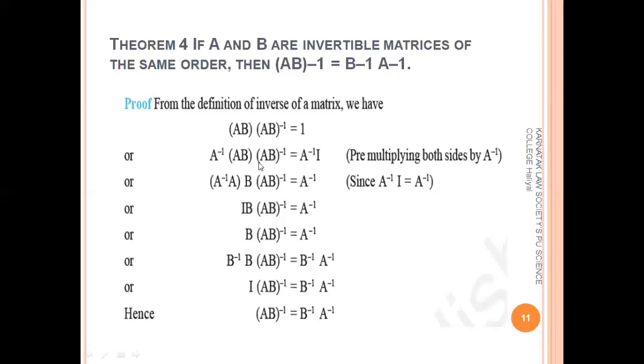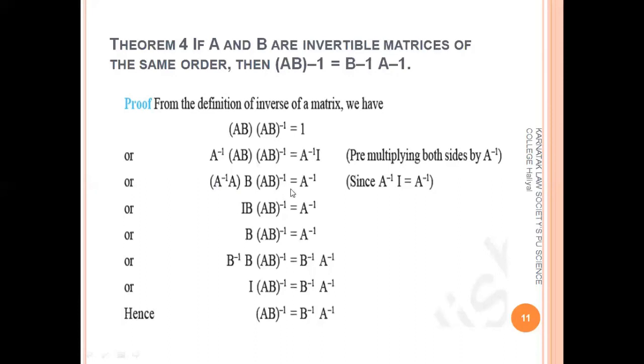I need to calculate further with B inverse and A inverse. For that, first I pre-multiply both sides with A inverse. What happens if you multiply with A inverse on both sides? A inverse into AB, (AB) inverse, equals A inverse into I. We already know the property that A inverse into A is I. So I write it as one bracket and B outside.